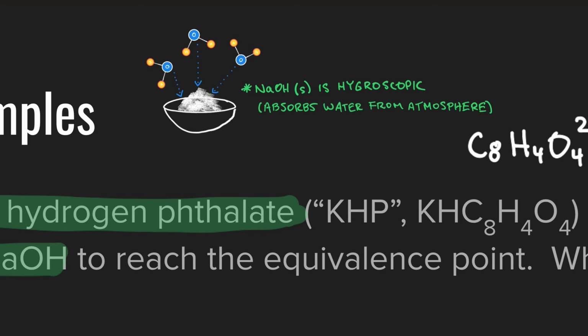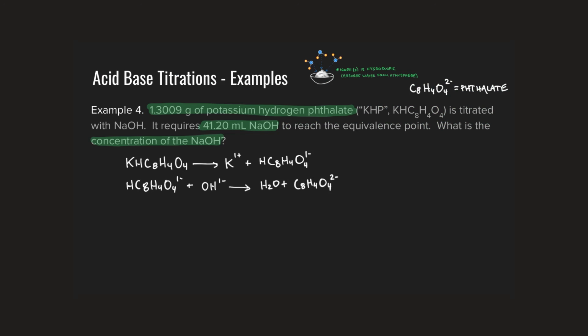And because it does that, that means that it's really not all NaOH you're massing out when you're making your solution initially. Some of that mass is actually already made up of water, which means if I give you a solution of sodium hydroxide and I tell you it's 0.1 molar, well, that's 0.1-ish molar, and we need to really do some actual calculations to figure out what its true concentration is.